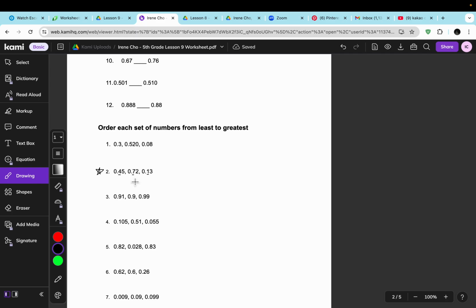Since 7 is the greatest, and we have to go from least to greatest, 1 is the least number, so we put 0.13 first. Then since 4 is less than 7, we put 0.45 next. And then since 0.72 is the greatest, we put that as the last number.